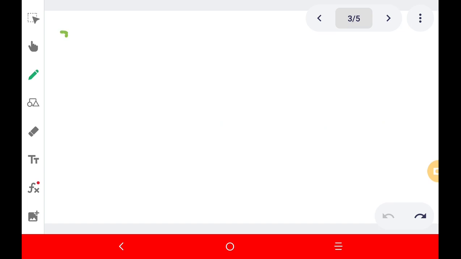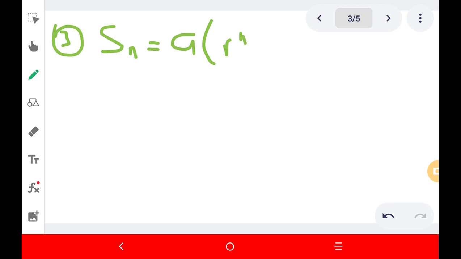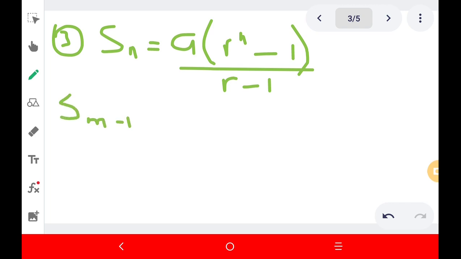That's step number 3. So Sn is going to be a(r to the power of n minus 1) all over r minus 1. Now I know what Sm is. It can be written as S of m minus 1, meaning everywhere I see n, I can put m minus 1.